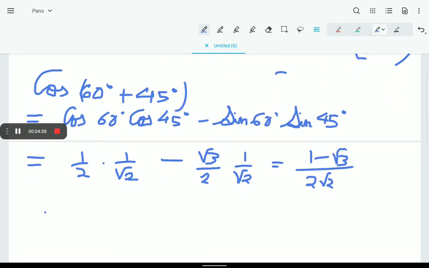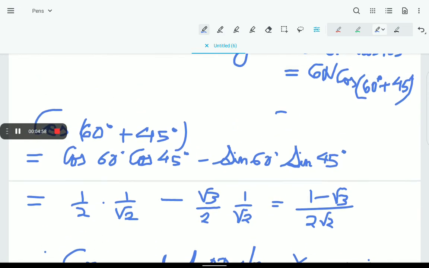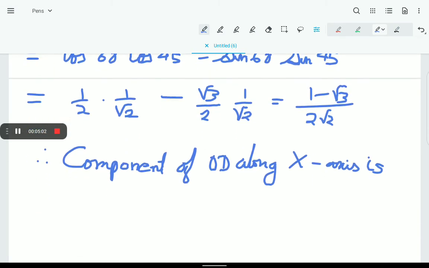Therefore, component of OD along x-axis is: we have magnitude of OD equal to 6 Newton, 6 into cos 60 plus 45, so this is equal to 6 into 1 minus root 3 divided by 2 root 2.